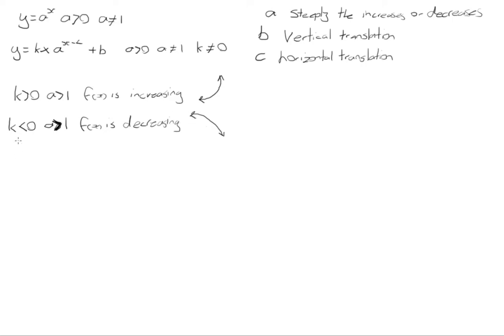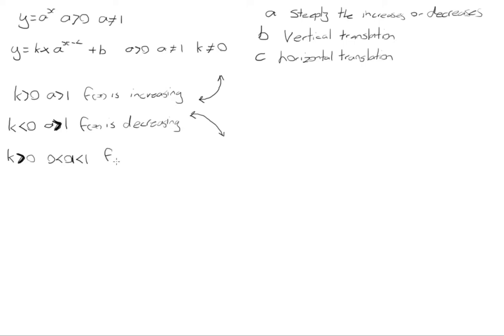What if we've got k greater than 0 and a is somewhere between 0 and 1?